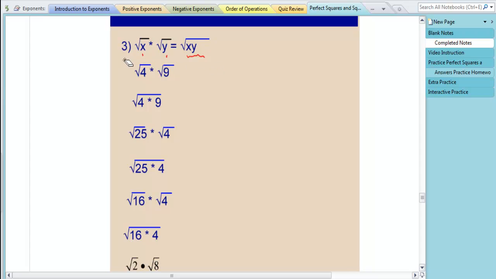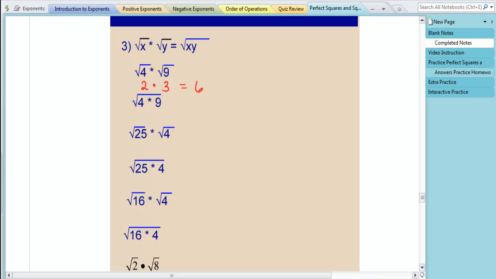So let's look at some examples. First we have the square root of 4 times the square root of 9. Well, the square root of 4 is 2 times the square root of 9 is 3. Notice how I took the square root first before I multiplied. Now I'm going to multiply. 2 times 3 is 6. Versus the next problem.